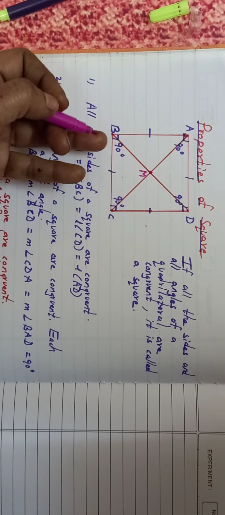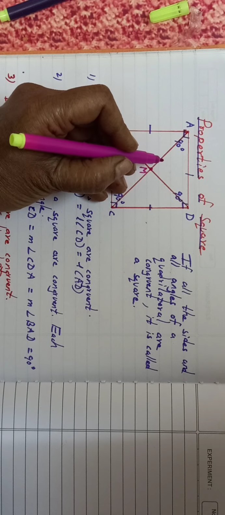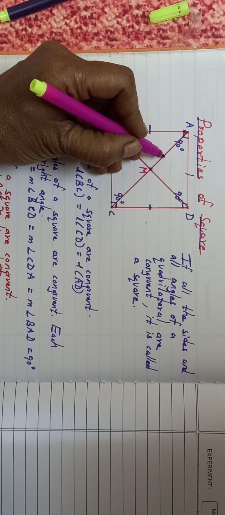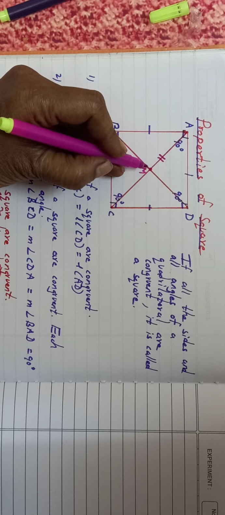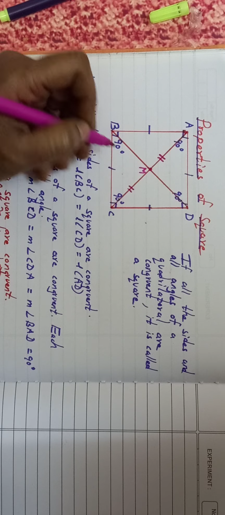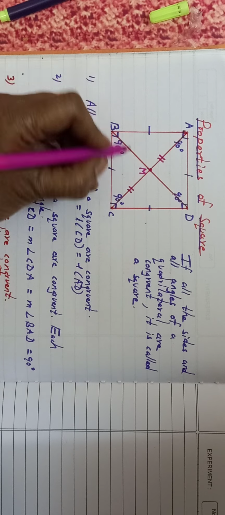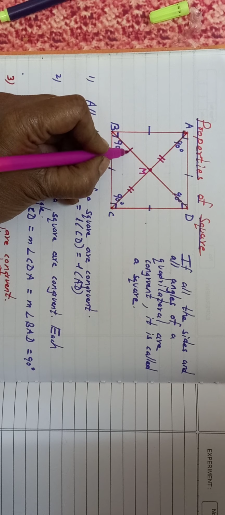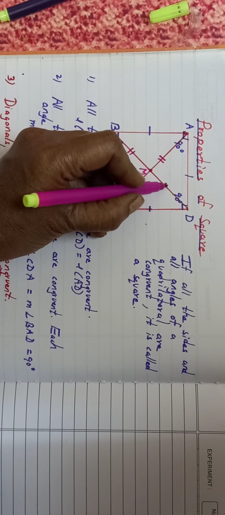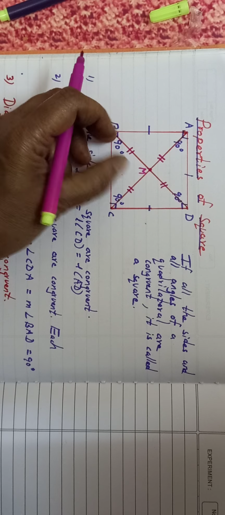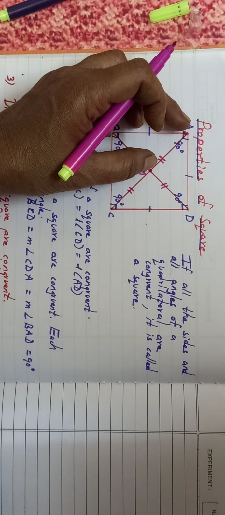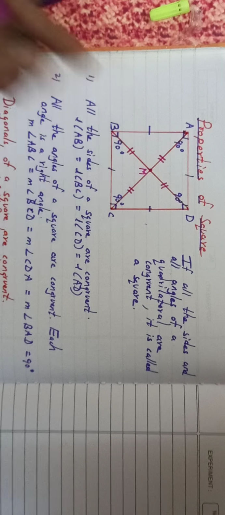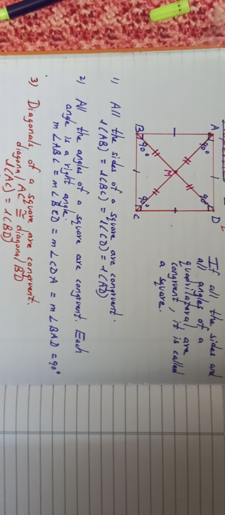So suppose I show it like this: length of AM will be equal to length of MC and length of BM is equal to length of MD. So actually BM will be equal to MD, equal to AM, equal to MC. This point you have to understand.